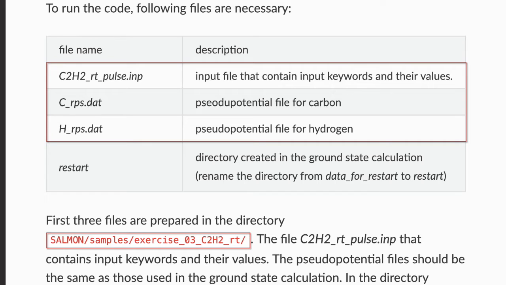The files required for this calculation are contained in the salmon/samples/exercise_03_C2H2_RT/ directory. Let us copy the files to exc3, the directory where the calculation would be performed.